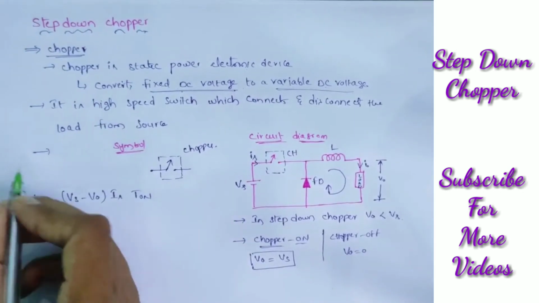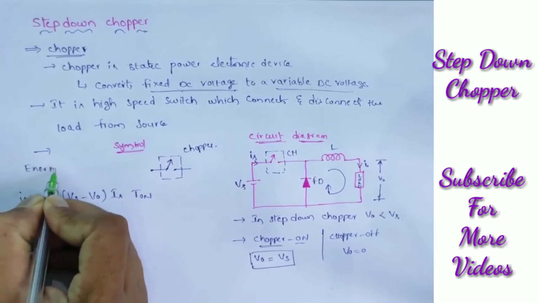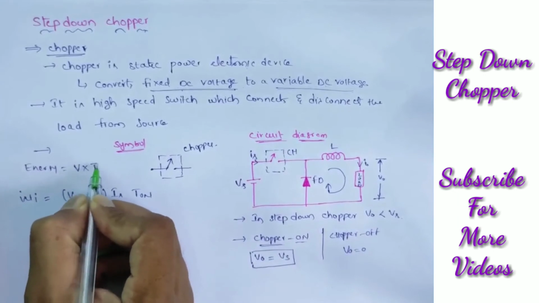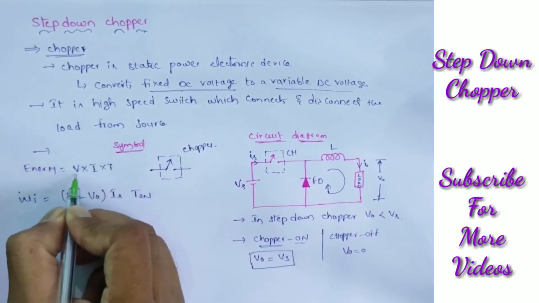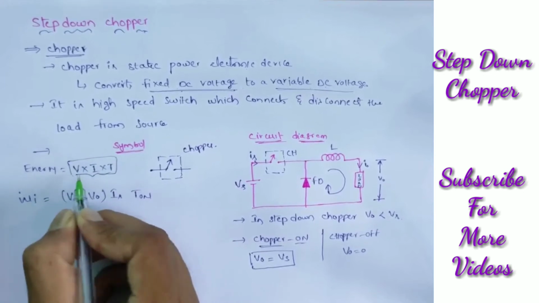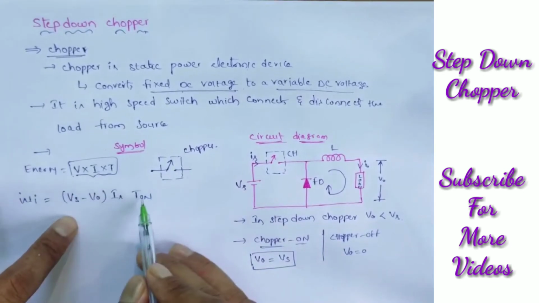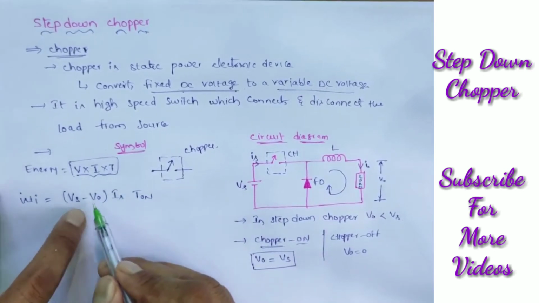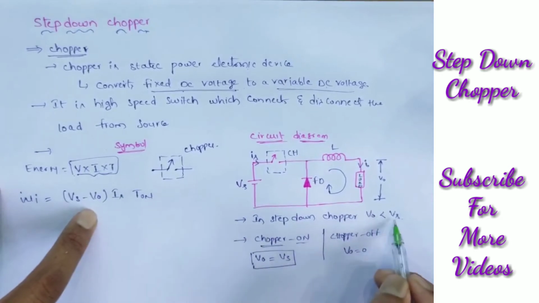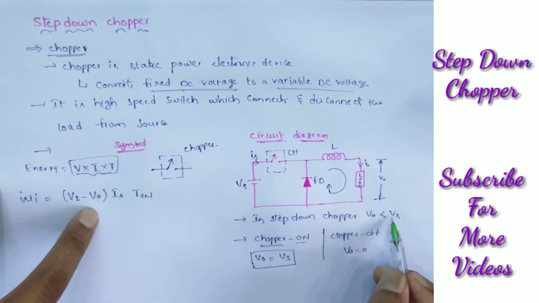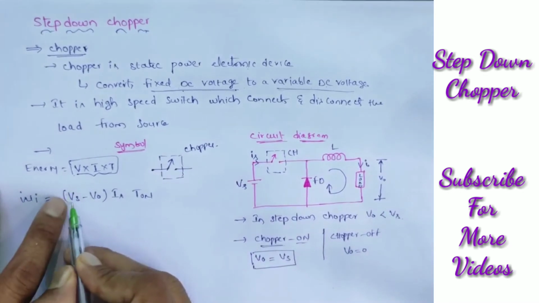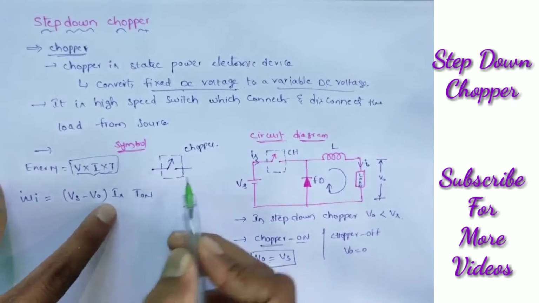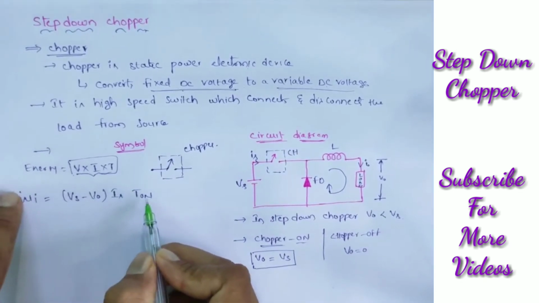Energy equals voltage into current into time. These are the three parameters we have to calculate. During the T on, Vs minus V0, because the output voltage is less than the input voltage, that is, the supply voltage is higher. So that's why we are taking Vs minus V0. Then Is is the supply current. During the T on we are doing this, so that's why we are taking T on.